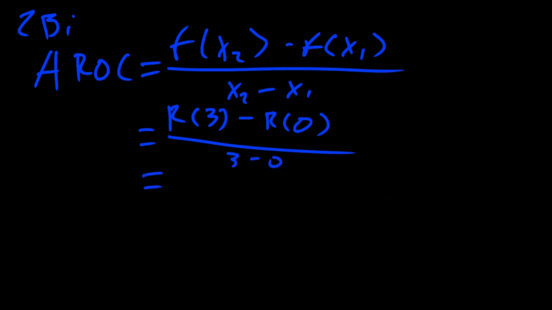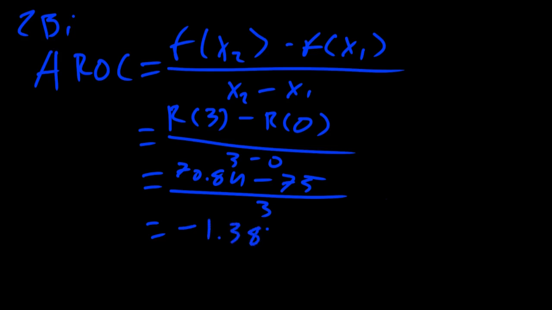So R of 3 is equal to 70.84. R of 0 is equal to 75. Then 3 minus 0 is just 3. Plug this into your calculator, and you will get negative 1.387 as your AROC.